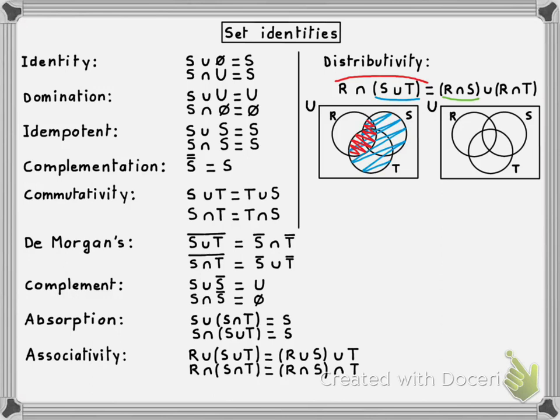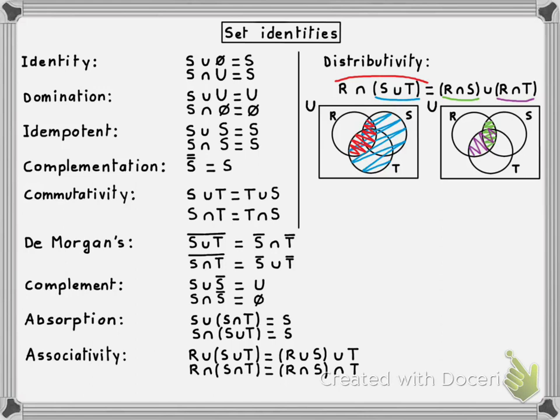So first, I'm going to focus on the intersection of R and S. I'm going to color these elements in green. Then I'm going to proceed to the second intersection, namely R and T, which I'm going to color in purple. Here are those elements.